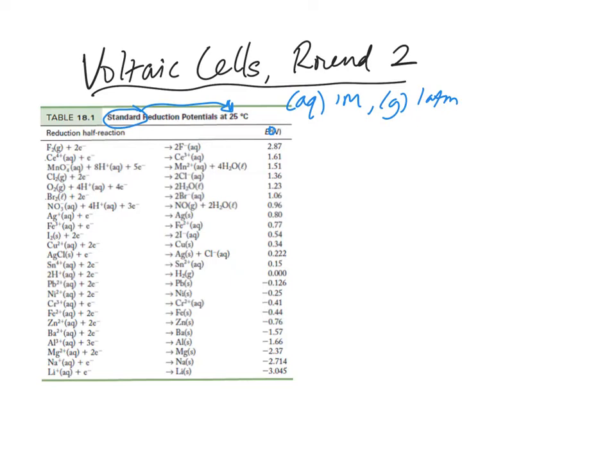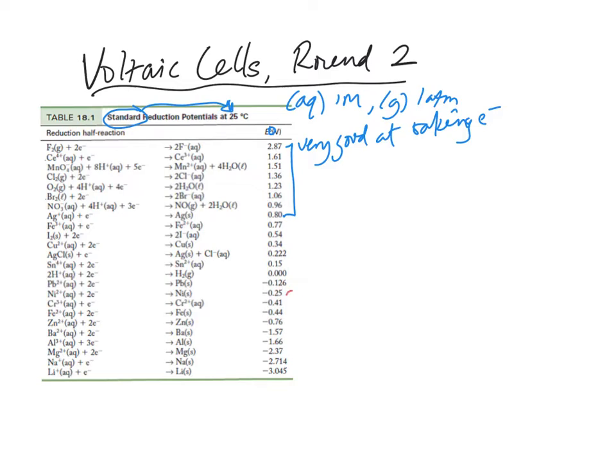The main thing about understanding this chart is that anything that's listed at the top is really good at taking electrons. So anything kind of up here, very good at taking electrons. And anything that's listed at the bottom is really bad at taking electrons.